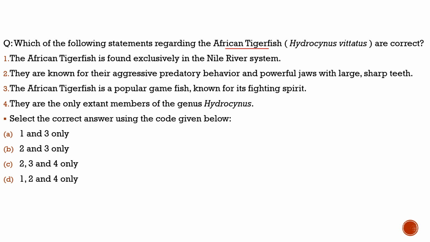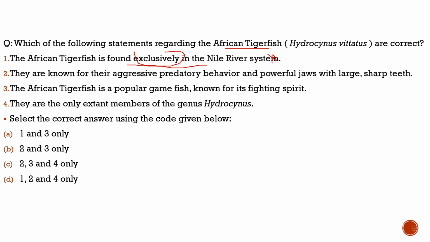First statement: the African tigerfish is found exclusively in the Nile river water. As the statement suggests, it is very extreme, so it is incorrect. It is found at various places. It is definitely a fresh water species, but not found only in the Nile river water.